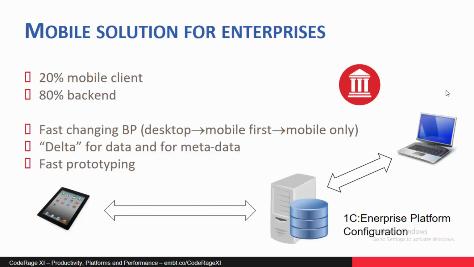And not only the data changes are critical, because quite often the configuration is also changed. It's easy in the 1S enterprise platform to modify the configuration, add more fields, for example, or introduce a new entity, or add a field in the reporting system. So in this case, the configuration and mobile application should be kept in sync.